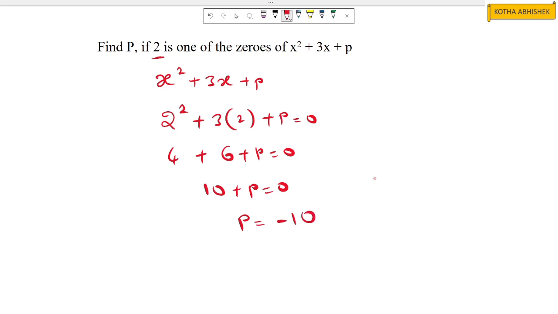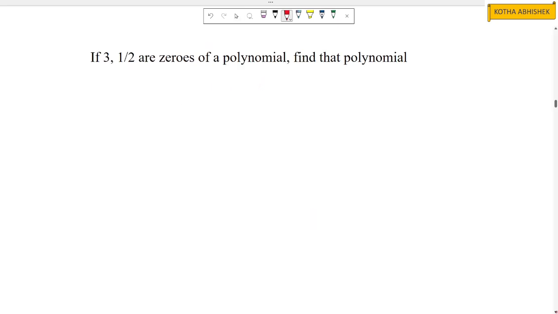Next question is, if 3 comma 1 by 2 are zeros of a quadratic polynomial, then find that polynomial. So when zeros are given, or when the sum of the zeros is given, to find the quadratic polynomial we have one formula, that is k into x square minus alpha plus beta into x plus alpha beta.